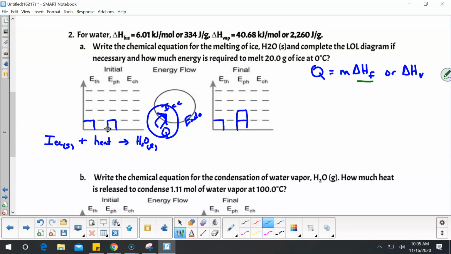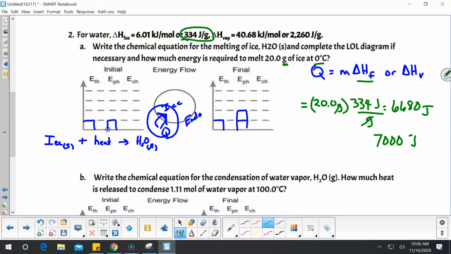So all we would do is say equals, I have 20 grams, and since I have grams given to me here, I want to use the constant that has grams in it too, so that I get units to cancel out. And that should give me my answer, and I got like 6,680 joules. I have one sig fig, so it'd be about 7,000 joules. That's how much it's going to absorb.